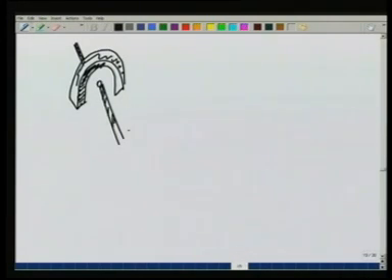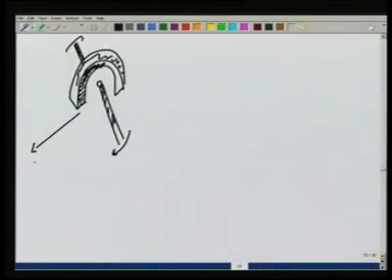Now, you will see if I rotate the shaft like this, it cannot turn. If I rotate the shaft like this, it cannot turn. So, if I take this to be x, this to be y, and this to be the z direction, let me be a little more careful. Let me put y perpendicular to the support like this.